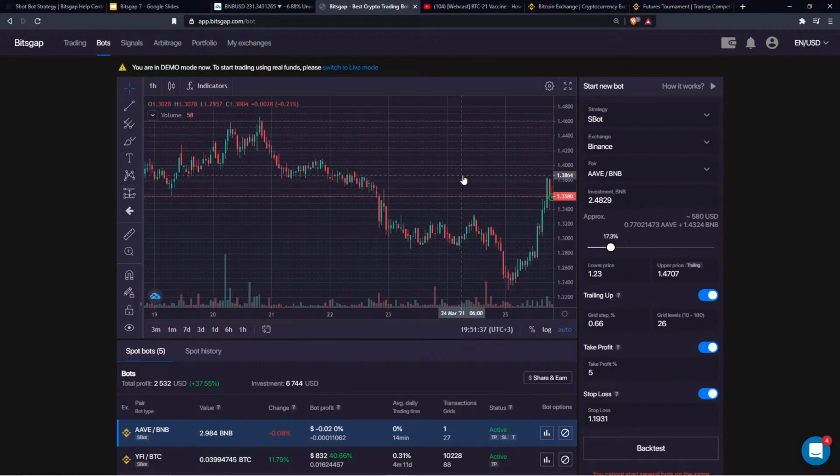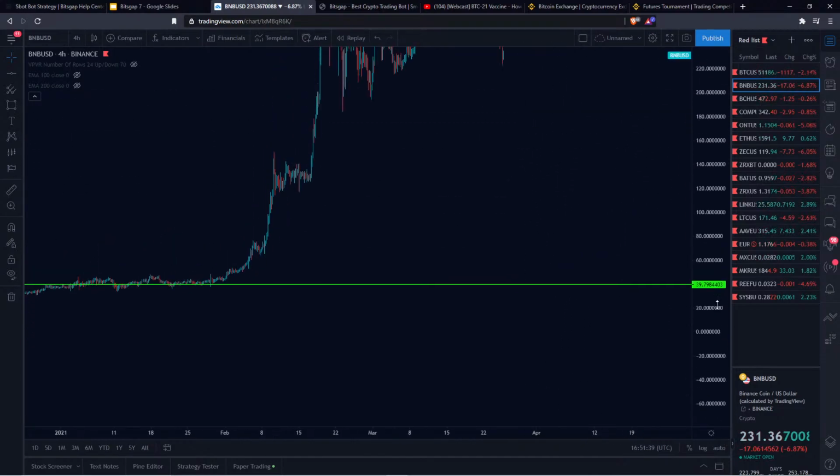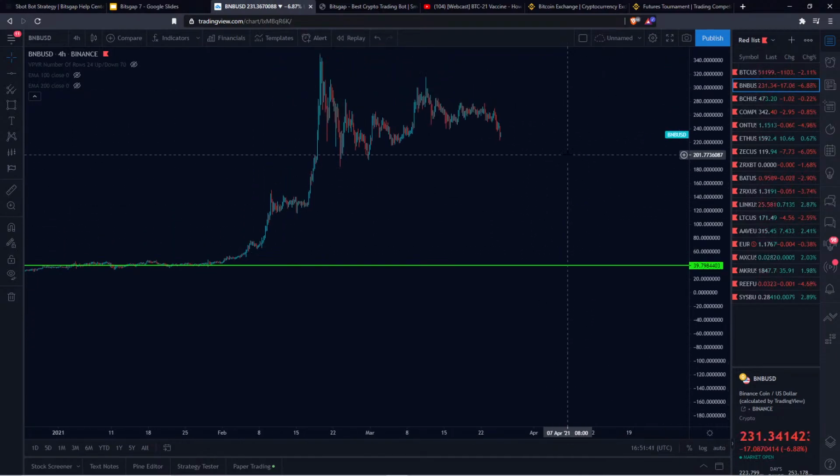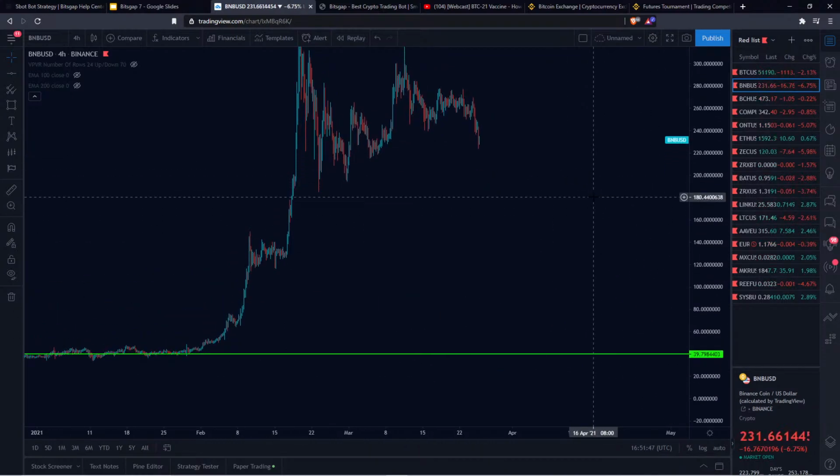I mean, yes, HODL strategy can be profitable if you were right and if you HODL it for a long time and if you are not greedy and if you are, how to say, psychologically stable. Like, you don't have this temptation to sell whenever the price falls a bit.